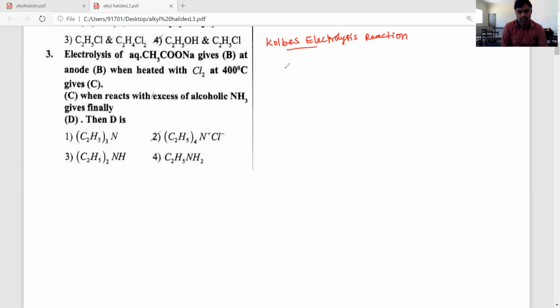The electrolyte is sodium acetate, sodium ethanoate, CH3COONa. See here how many moles we have to use? 2 moles we need to use, CH3COONa, 2 moles, and on electrolysis, 2 water molecules we need to use.